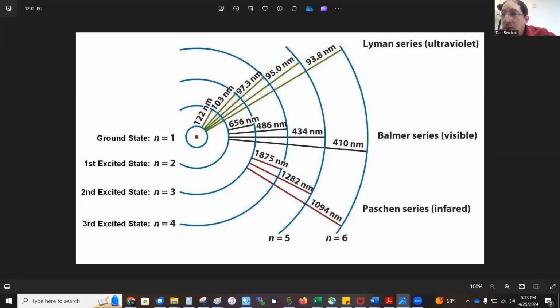Right from the beginning, we learned how to map. Remember, single dish radio telescopes, for the most part, are essentially single pixel cameras, single pixel detectors. And so if you want to make an image, you have to move the telescope around. You do a mapping pattern, such as a raster pattern, where you zig and zag over a part of the sky.